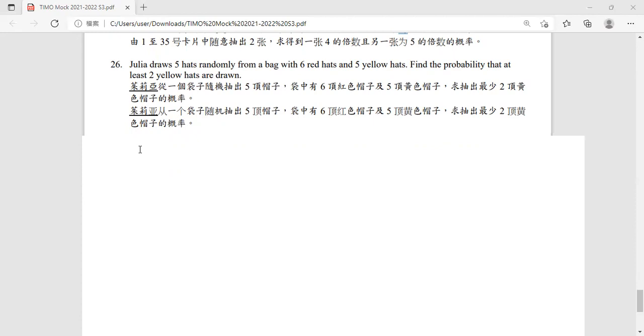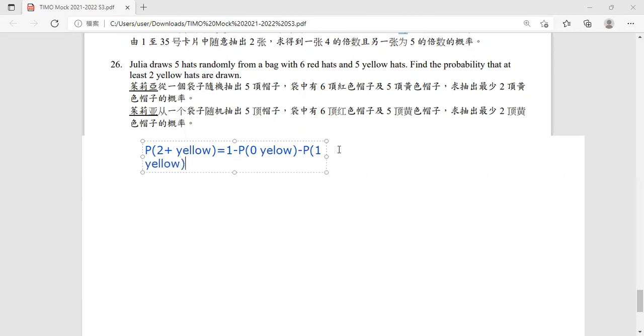So P of 2 or more is 1 minus P of no yellow and minus P of 1 yellow.